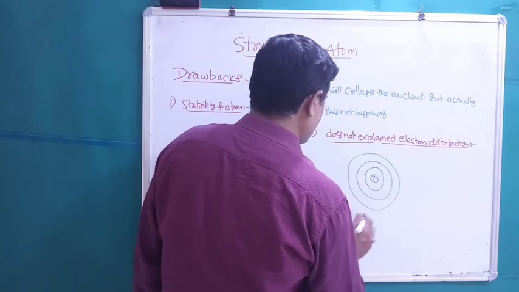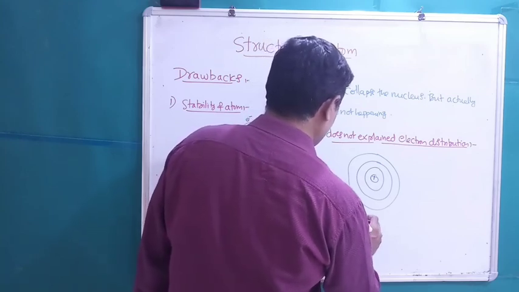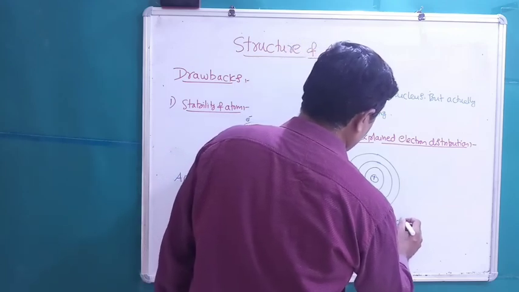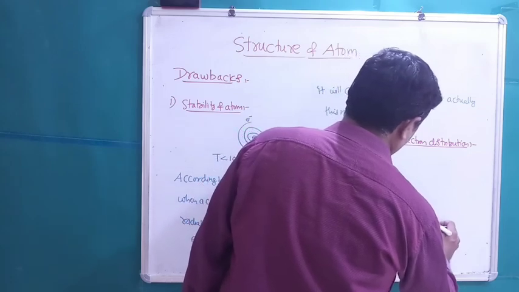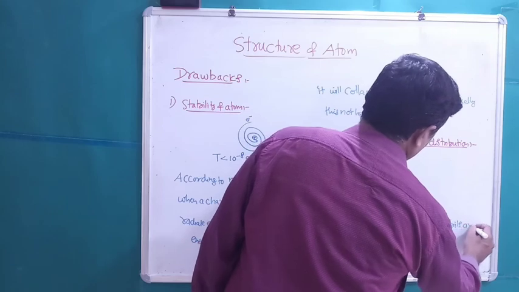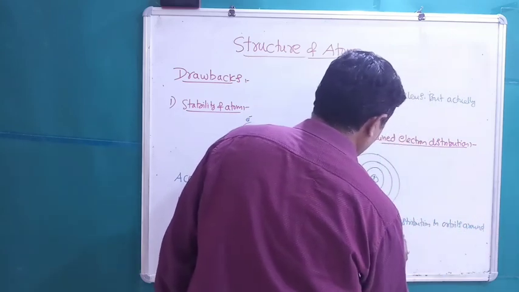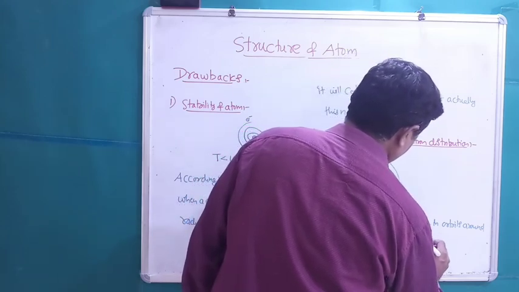The electronic distribution in orbits around the nucleus is not explained.